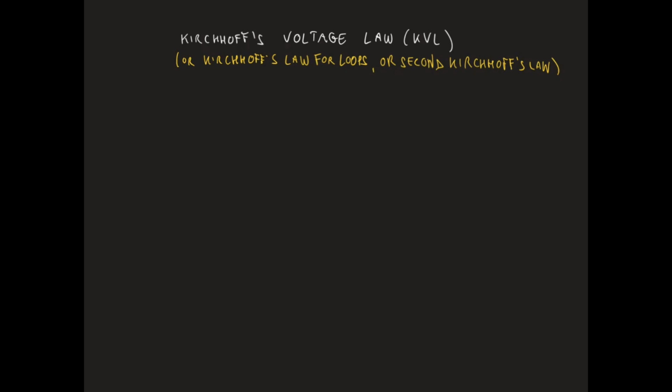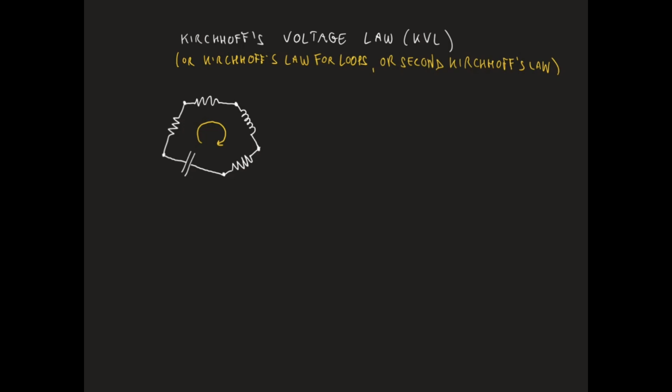So let us consider a closed loop in a circuit, and let us define a conventional direction of travel around the loop. By closed loop, we mean a circuit or part of a circuit where a charge moving from any point in the loop can get back to the starting point without changing the direction of its motion.